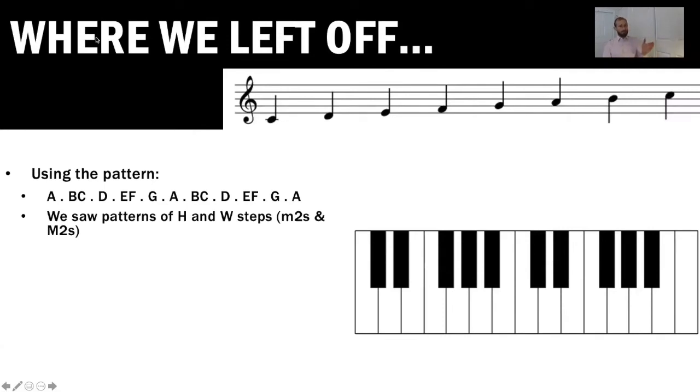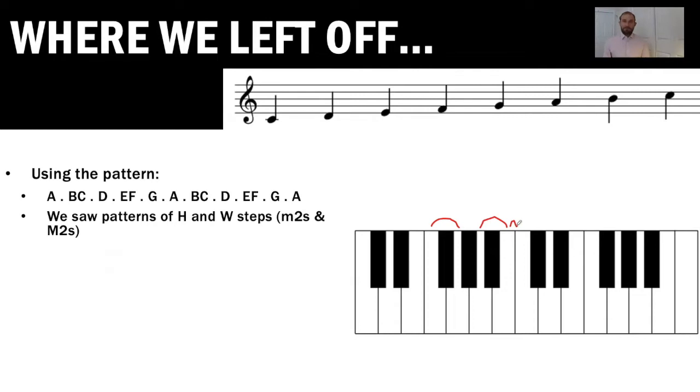There's a whole step between A and B, which is the equivalent of, if I can draw this, 2 keys. That is a whole step. So if you're going from A, which is here, to B, you have a whole step. And then BC, that was a half step.